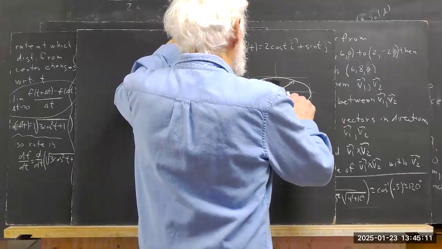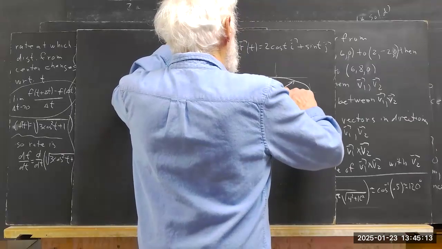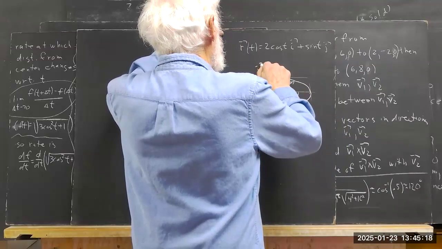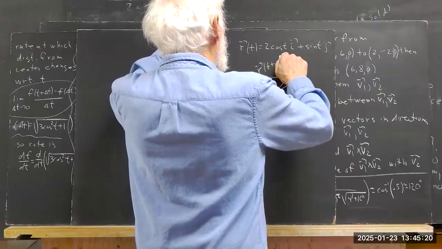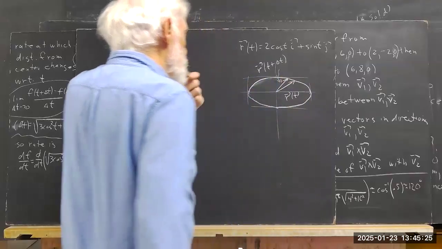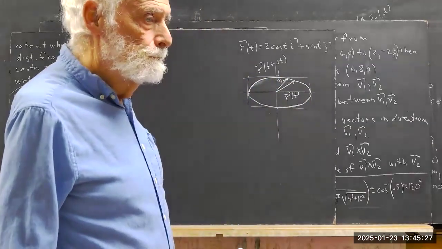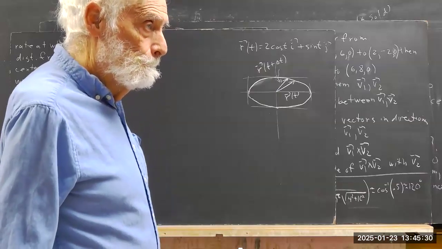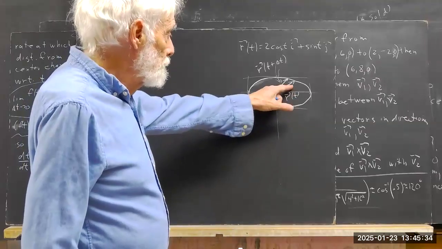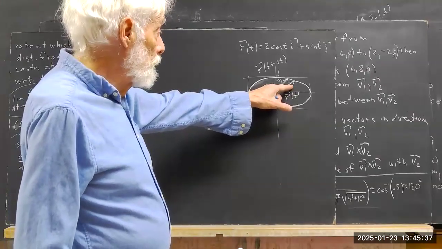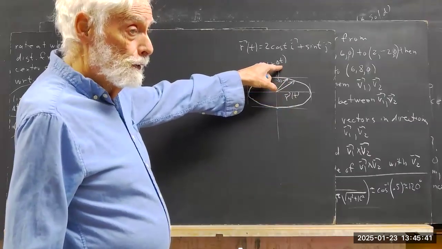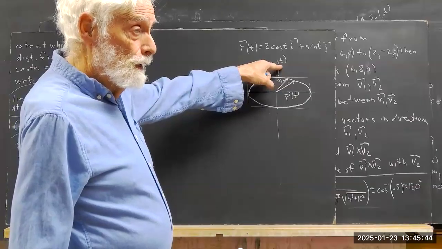Here's R of T, and here is R of T plus delta T. In other words, here's R at some time, and here's R a little time later, where we generally regard delta T as a little quantity, but not always.